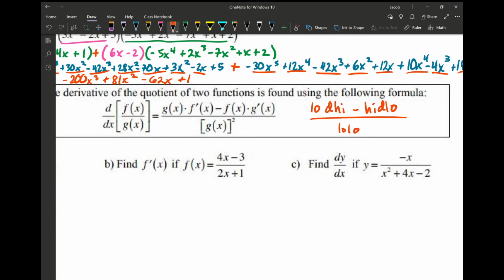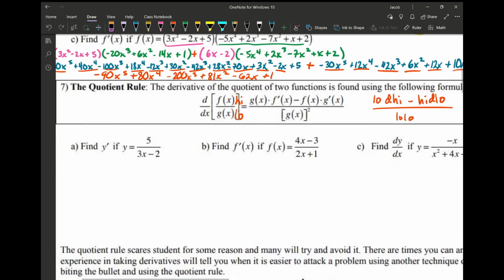So that's low d high minus high d low over low. You can say that out loud and see how silly it sounds, but it's a great way to remember the quotient rule. So if this is low, the lower function, and this is high, then you've got low derivative of high minus high derivative of low over low. So that's where that little mnemonic comes from.